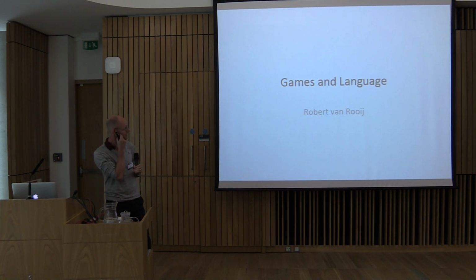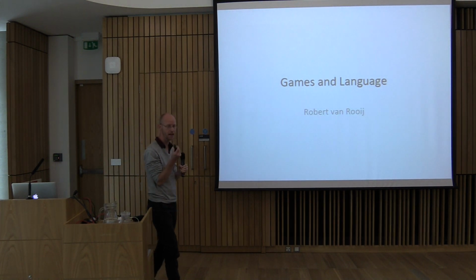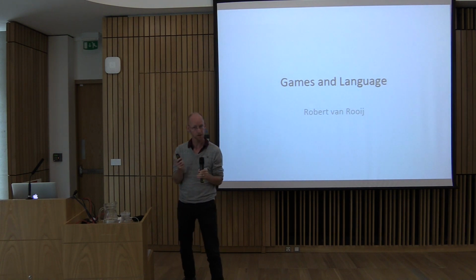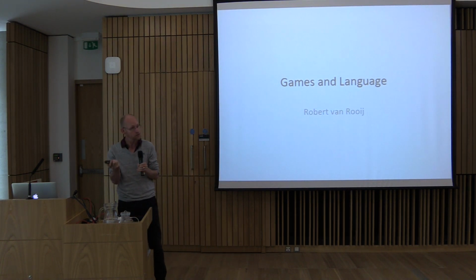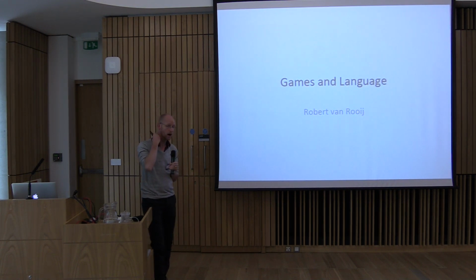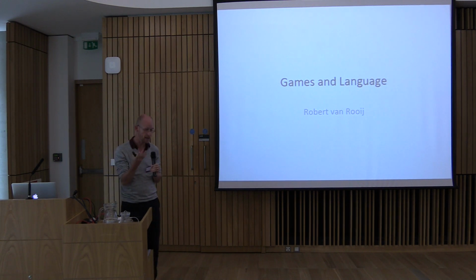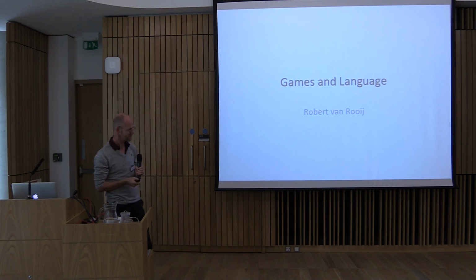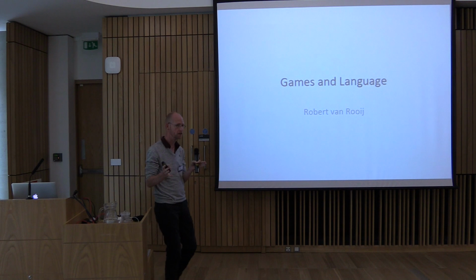So, okay, I will talk about games and language, and Michael Rovatzos asked me to do some more introductory stuff. So I will talk mostly about games, and only later say how you can apply that to language. There are two ways of thinking about how to apply game theory to language, and they have to do with two ways of thinking about games.